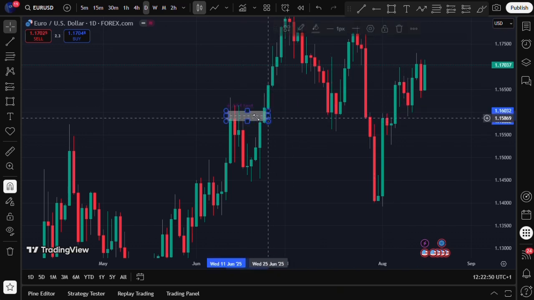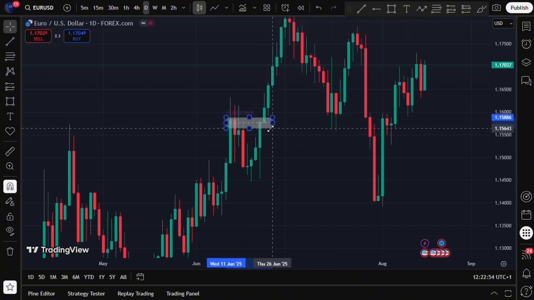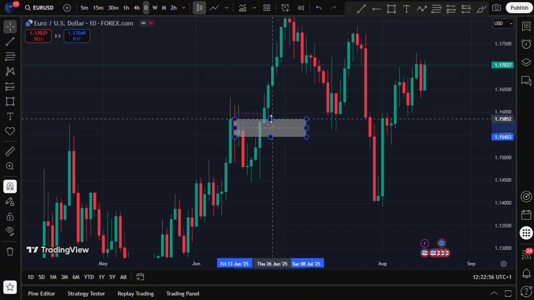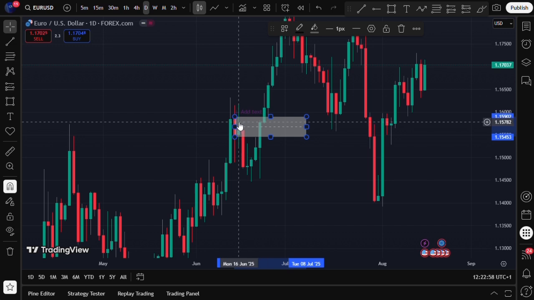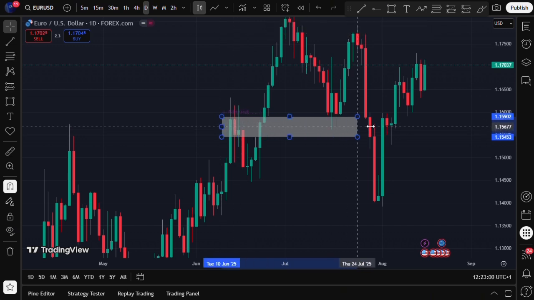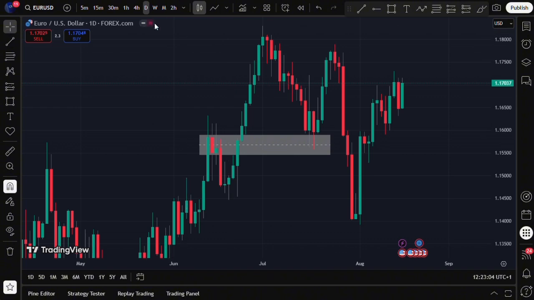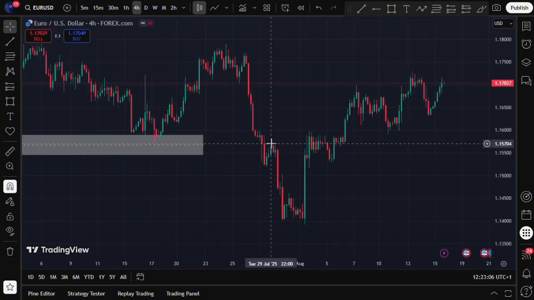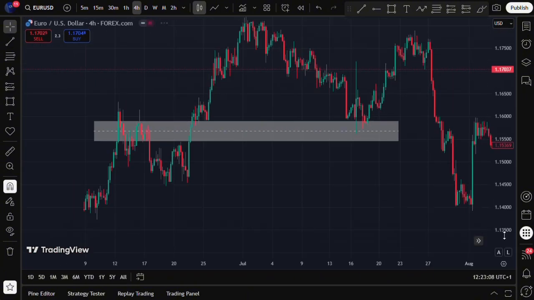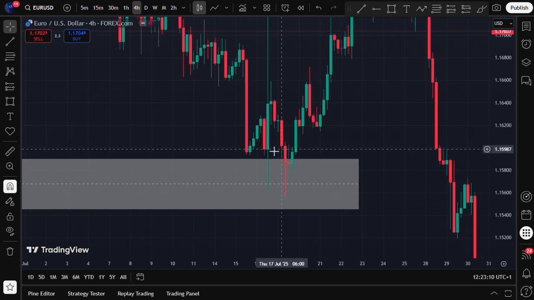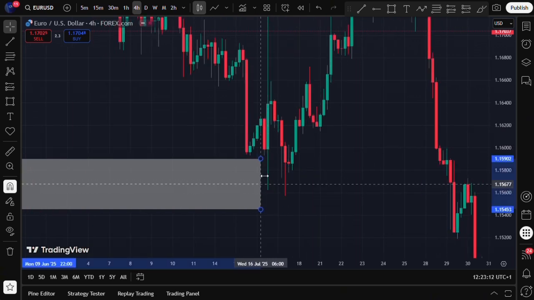And we also have a fair value gap here. To refine that, we can use our fair value gap for refinement of that support area plus the old high, and we can extend it, and we can see that that is where price was at that point in time. And it is also colliding with our pin bar.